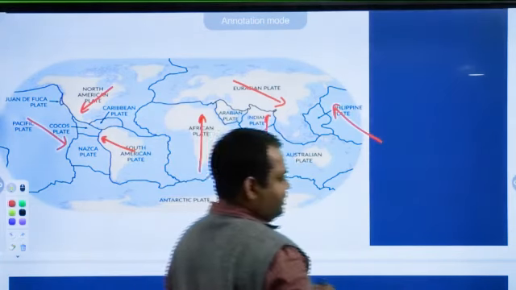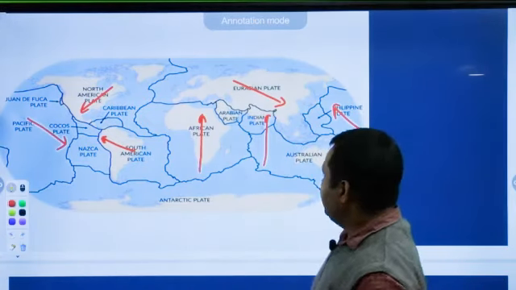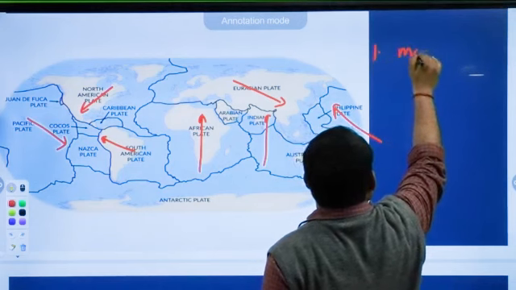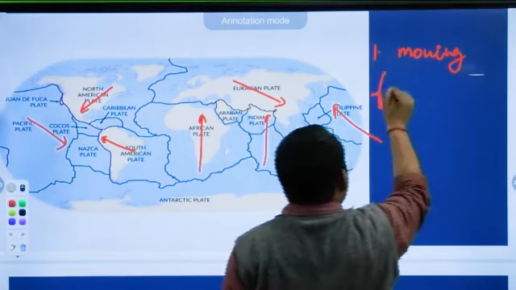So you can easily understand there are 3 types of nature of the plates. First, moving towards each other.